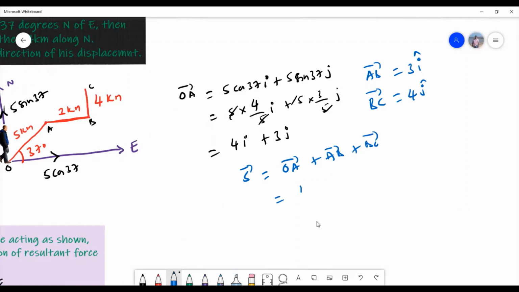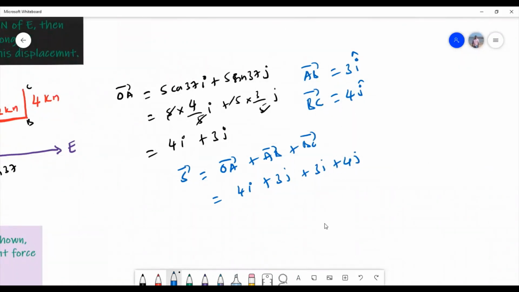So this is 4i cap plus 3j cap plus 3i cap plus 4j cap. If you add that, we get S bar equal to 7i cap plus 7j cap.